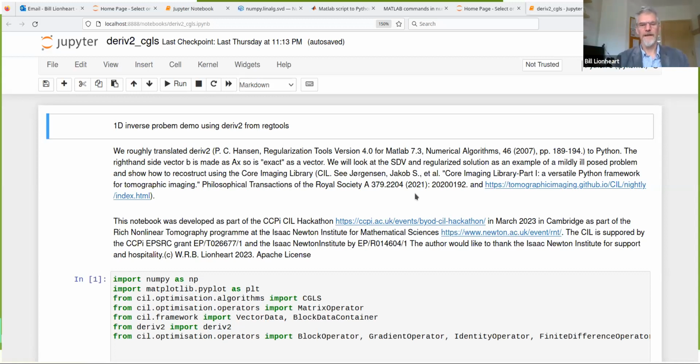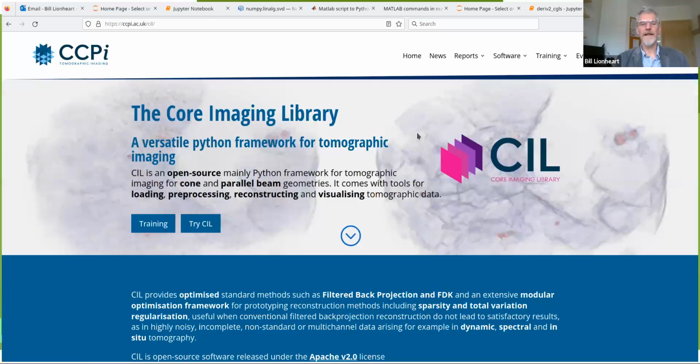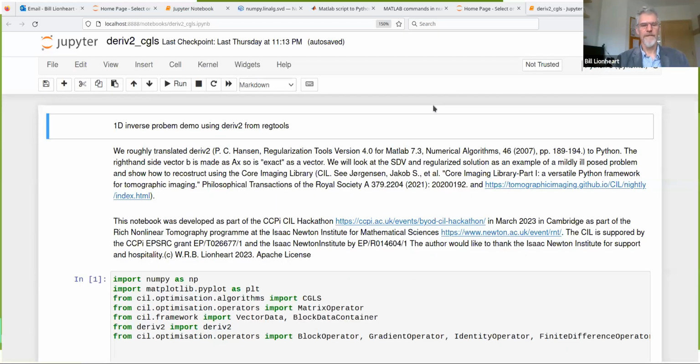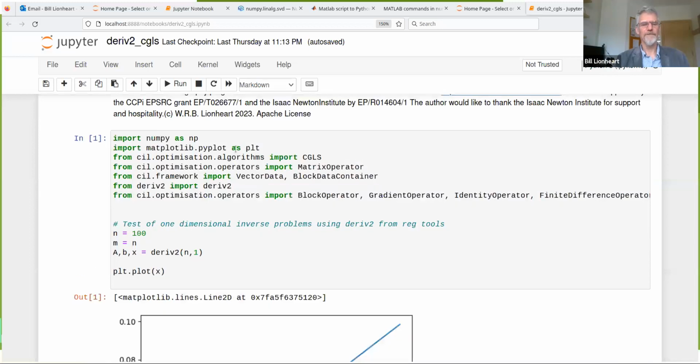This was a hackathon as part of our program, and the link to it is there, and also the link to the CIL. If you want to see the right web page, it's that one, the Core Imaging Library of the Collaborative Computational Project in Imaging.